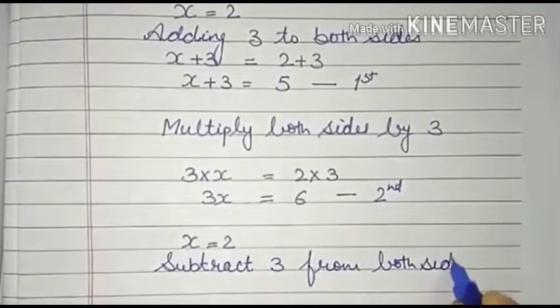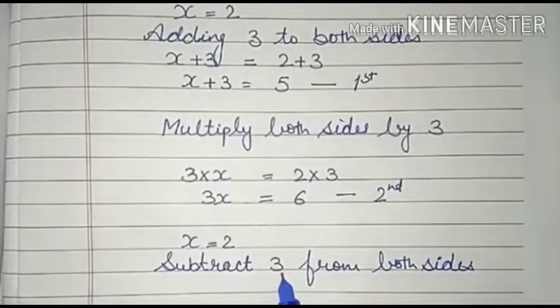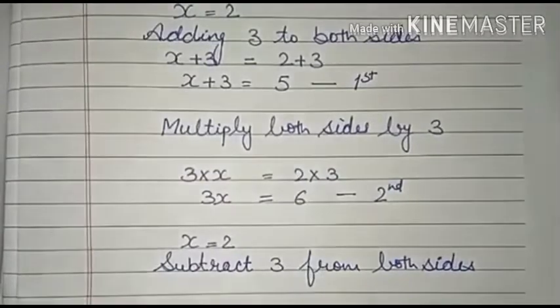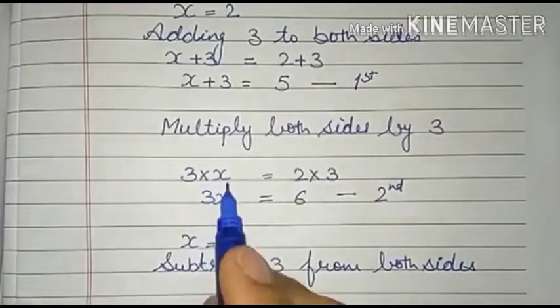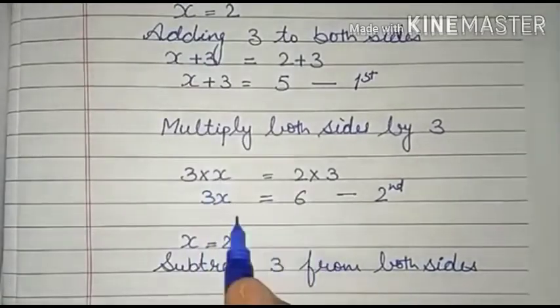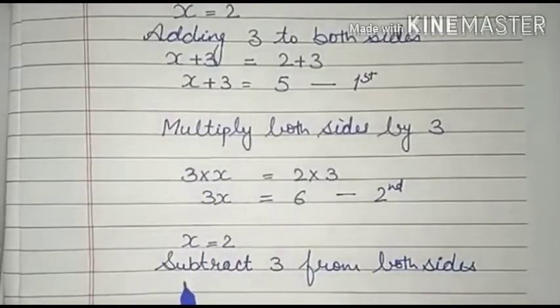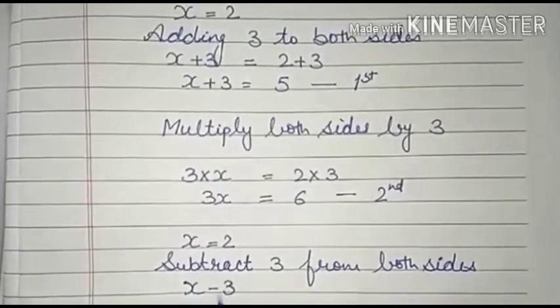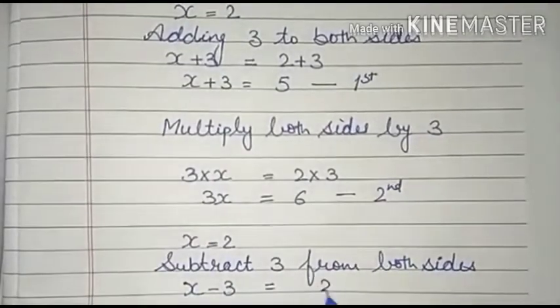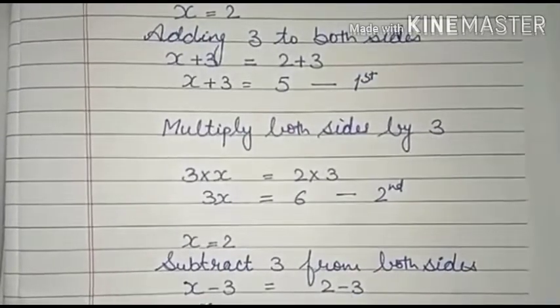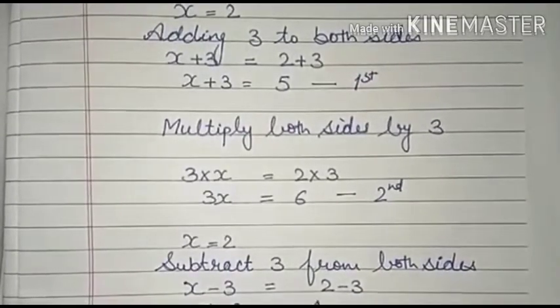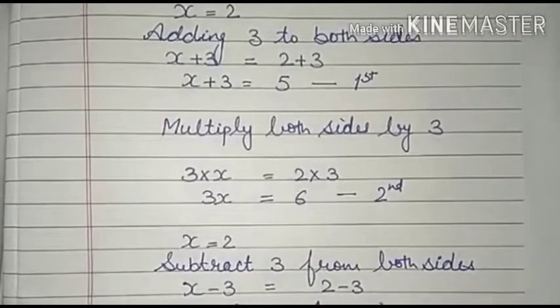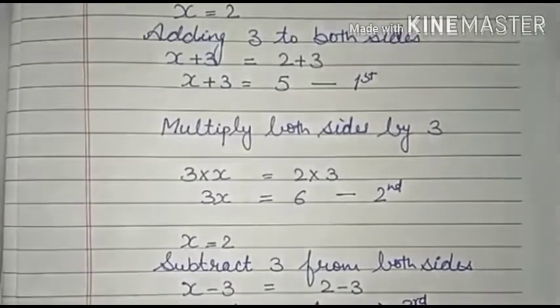So again I am saying, the number is your choice, whatever you want to take, but remember you have to do subtract, addition or multiply or divide to both sides. So here I have written subtract 3 from both sides. So x minus 3 and this side 2 minus 3, x minus 3 and this side it is minus 1. This is our third equation.